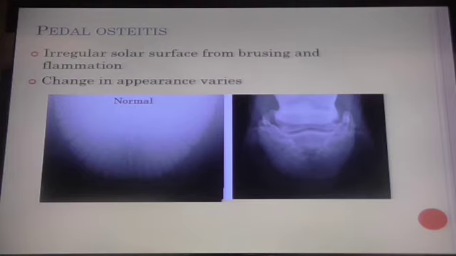And then what does that look like radiographically? It becomes very irregular along the surface of P3. You all can see the difference in that. There are some cases where you have a little bit of irregularity as the animal becomes aged, but not to the degree where there is such an irregularity, concavity along that surface.